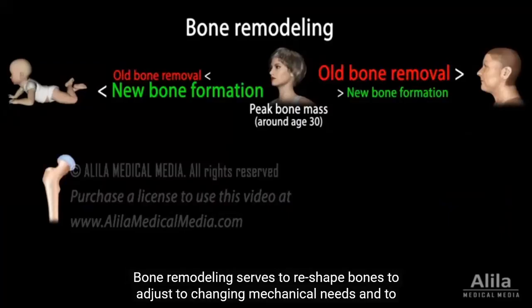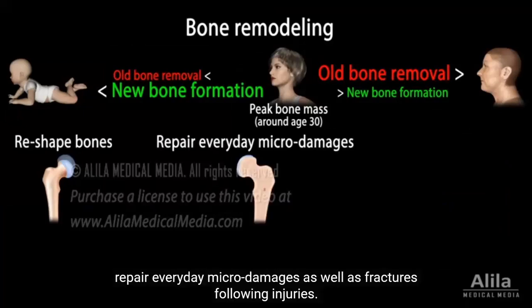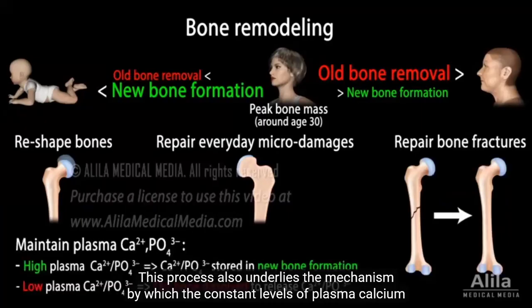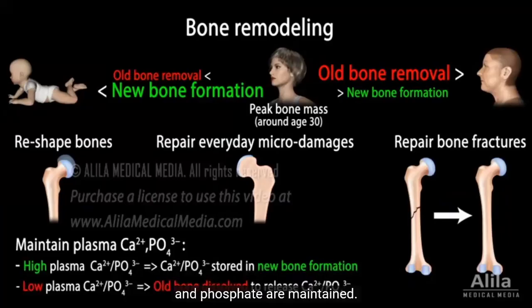Bone remodeling serves to reshape bones to adjust to changing mechanical needs and to repair everyday micro-damages as well as fractures following injuries. This process also underlies the mechanism by which the constant levels of plasma calcium and phosphate are maintained.